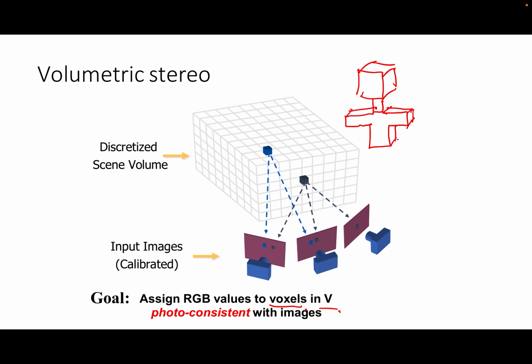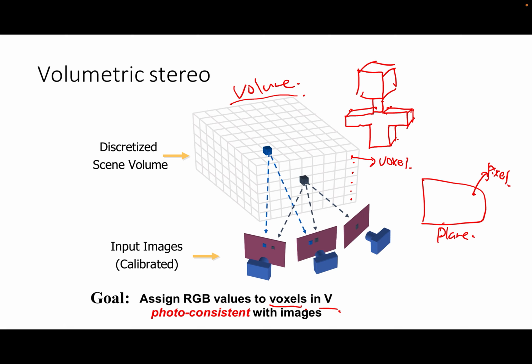And this is a volume: some 3D space which consists of voxels. A cubic shape is a volume, and each small unit in the volume is called a voxel. An image is a plane, right? And each unit is a pixel. Volume is a 3D space, and we call these voxels. Plane, pixel; volume, voxel.